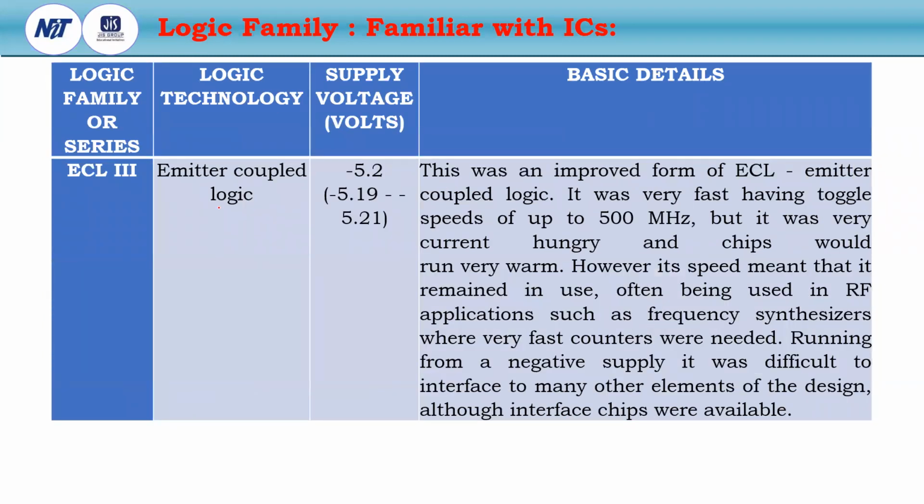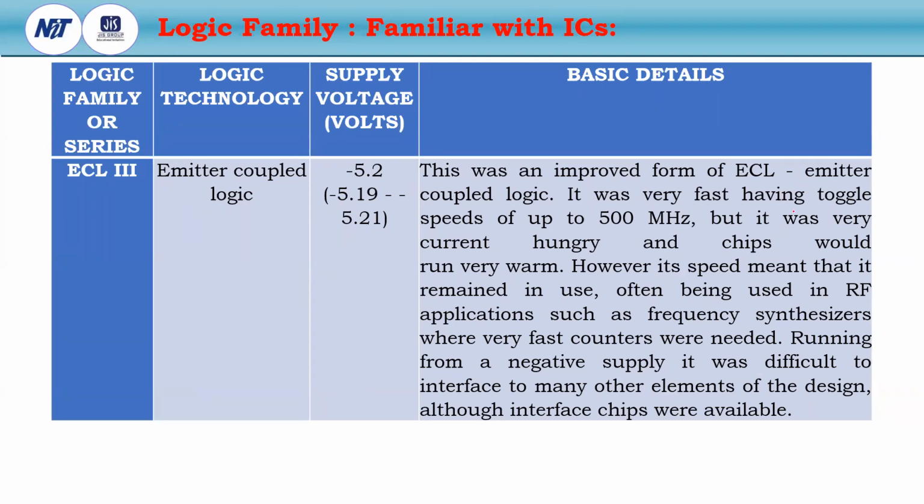Next come to the ECL 3, that is called emitter coupled logic, where the supply voltage range is minus 5.9 to minus 5.2, minus 5.21. This was an improved form of the ECL, emitter coupled logic.